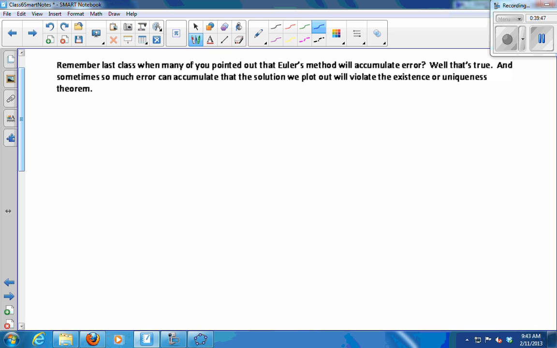It does accumulate error, okay? And sometimes it accumulates so much error that the solution we plot will violate the existence or the uniqueness theorem. That's a tip-off that your Euler's method was terrible. Use another method or make delta t smaller.